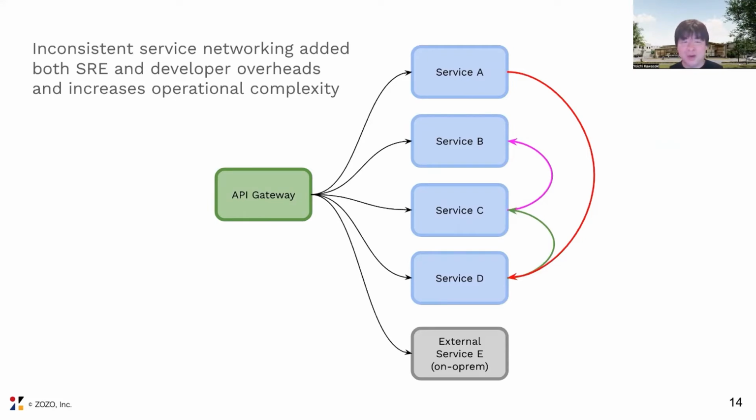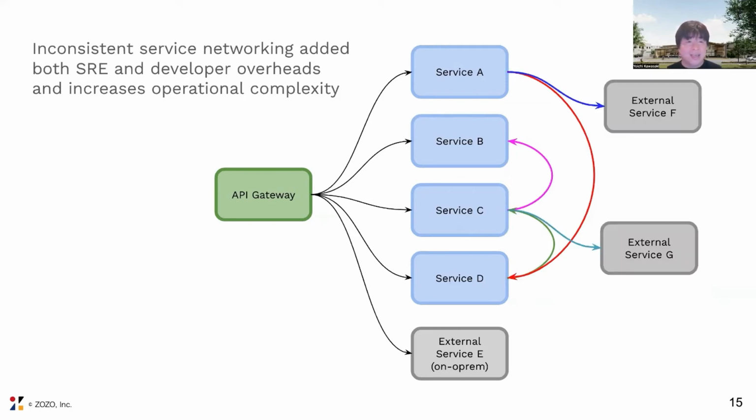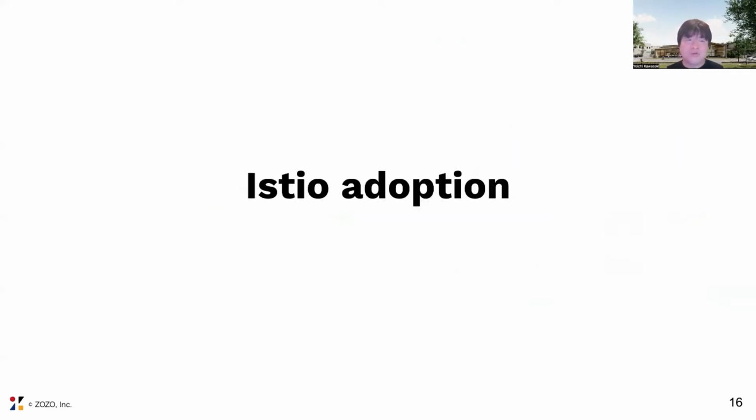Inconsistent service networking added both SRE and developer overhead and increased the operational complexity. It's not only service-to-service communication, but also service to external service communication. To resolve those problems, we decided to adopt Istio.